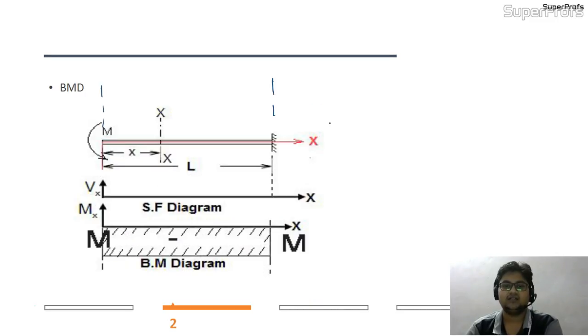So this was my beam, this is the shear force diagram, and this is the bending moment diagram. You will be able to visualize at what distance what my bending moment or shear force is if you draw the diagrams one after another. So this is also one of the simple cases of shear force diagram and bending moment diagram.